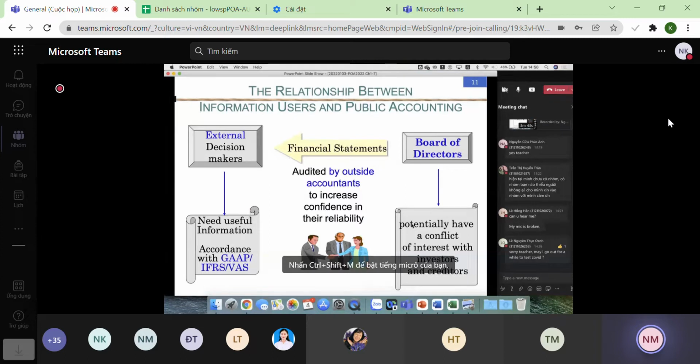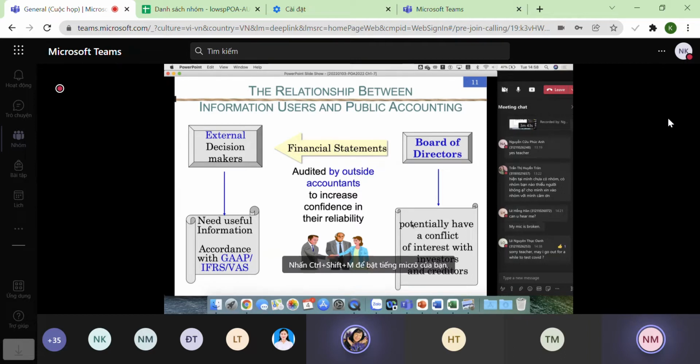So I already mentioned some kinds of accounting. What else? What are they? Financial accounting, management accounting, and what else? Auditing, outside the company.